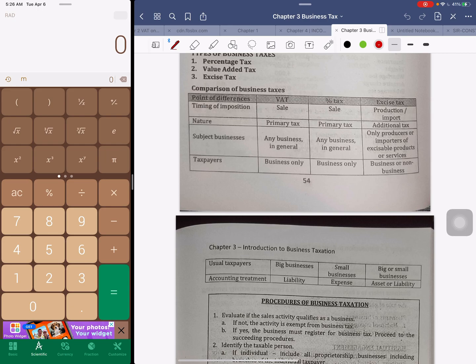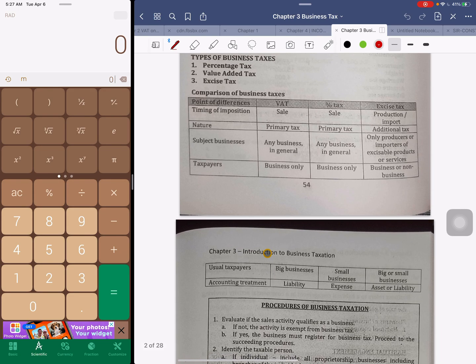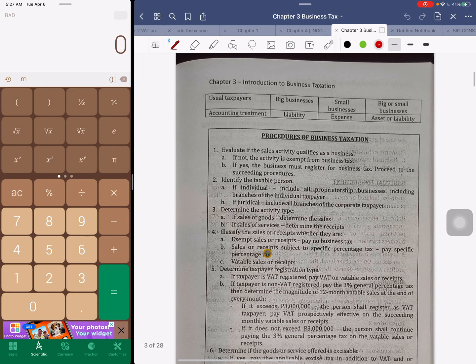Unlike kapag percentage tax, expense as incurred. Excise tax, so it could be asset or liability, almost same with the value added tax, no? So kapag nag-impose ng excise tax ang government doon sa businesses, so the payment of excise tax could be either asset or liability. Okay.